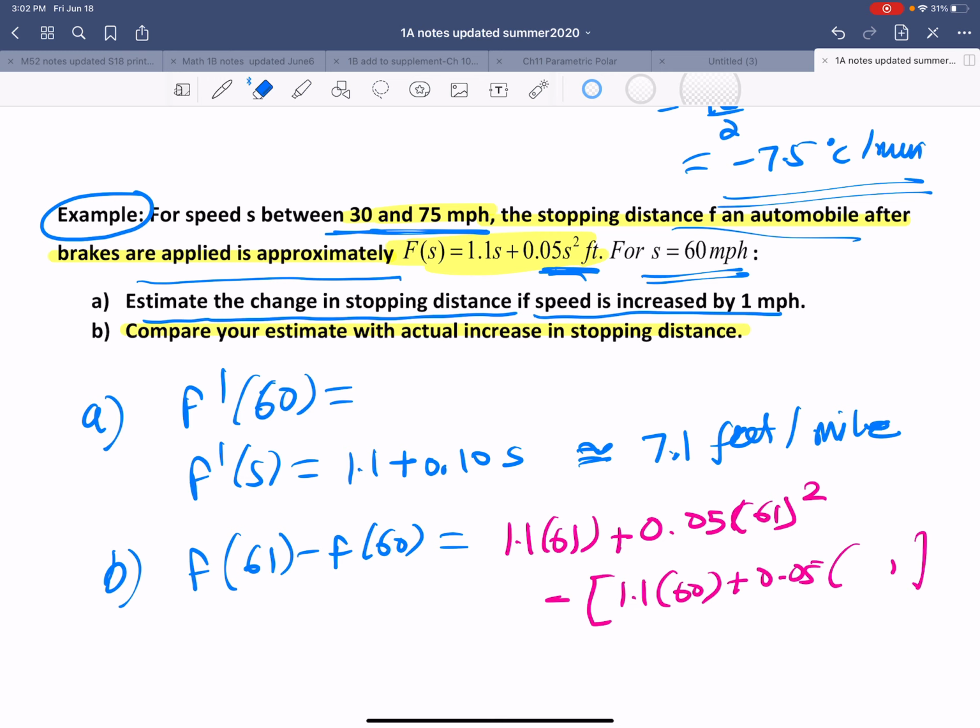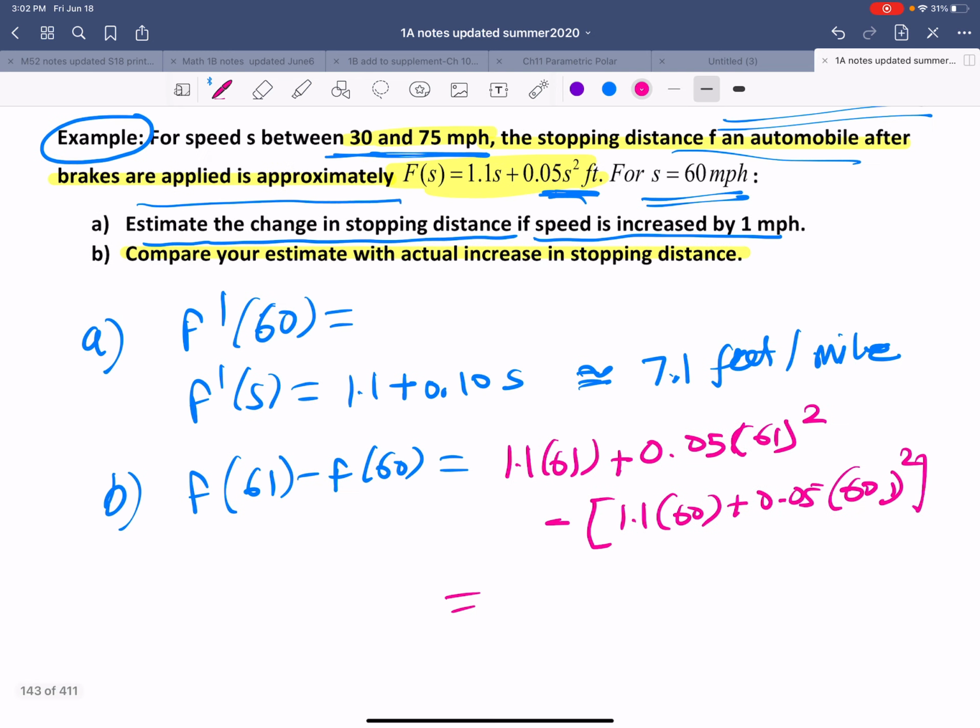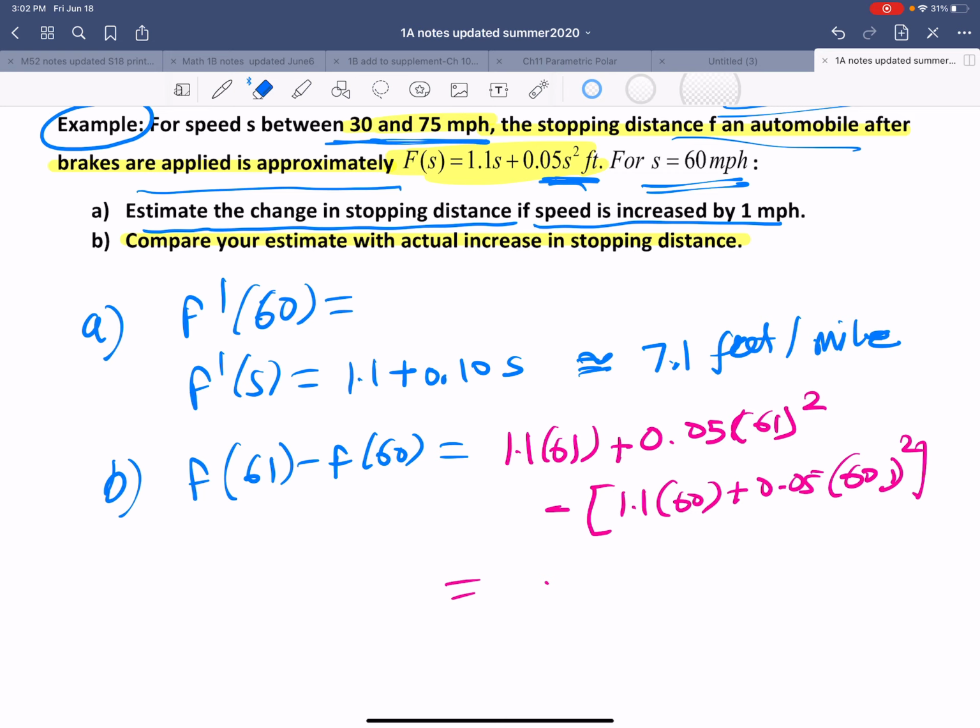Okay, let's see, what does that leave me with? Go ahead and grab a calculator and plug these in. It turns out to be 7.15 feet.